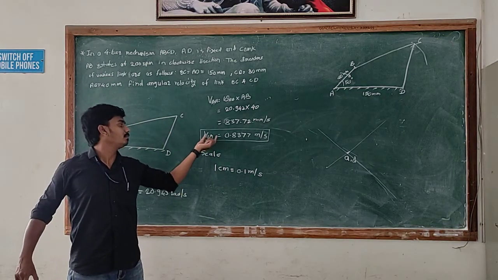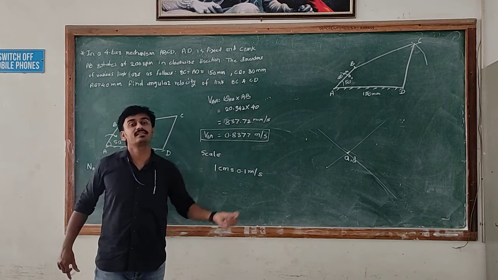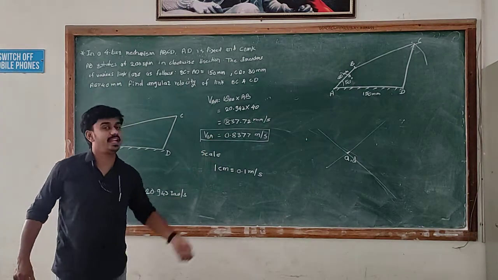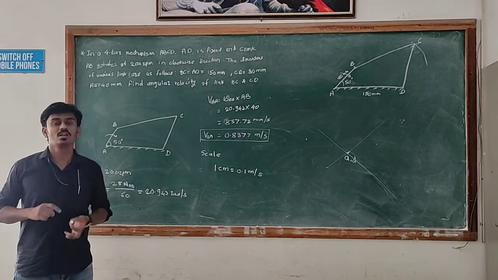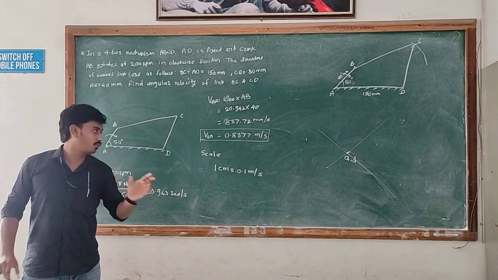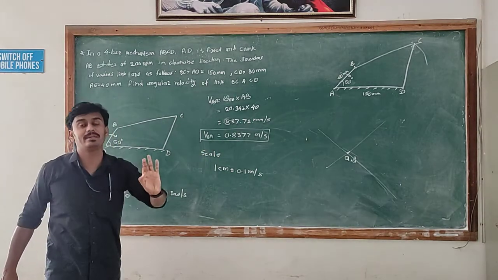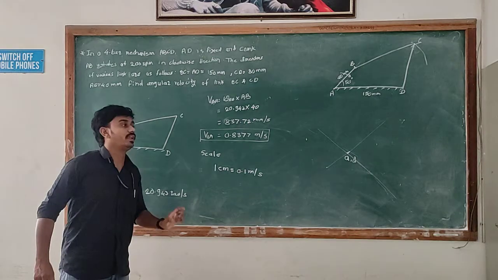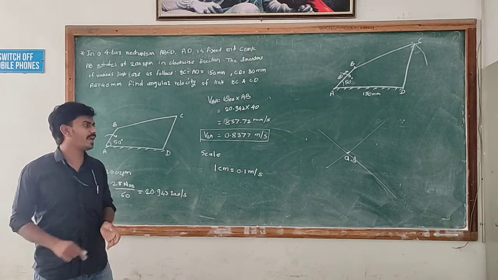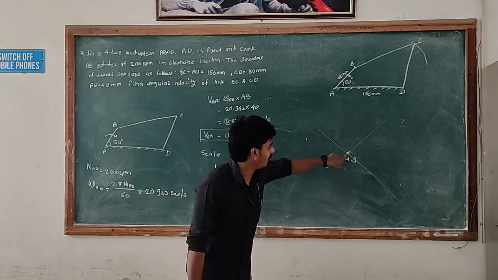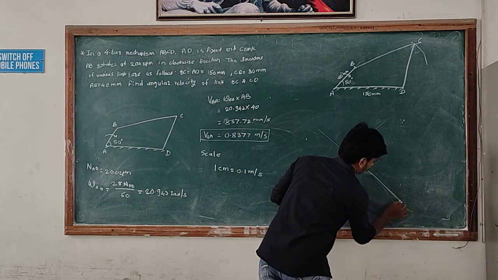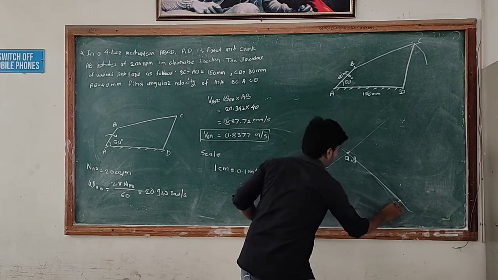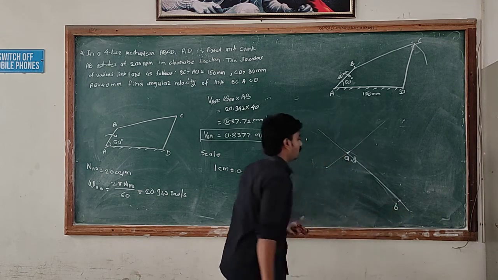So this becomes 8.377, approximately 8.4 centimeter. Take 8.4 centimeter distance in your protractor and from point A mark the point. We will get the point B here.